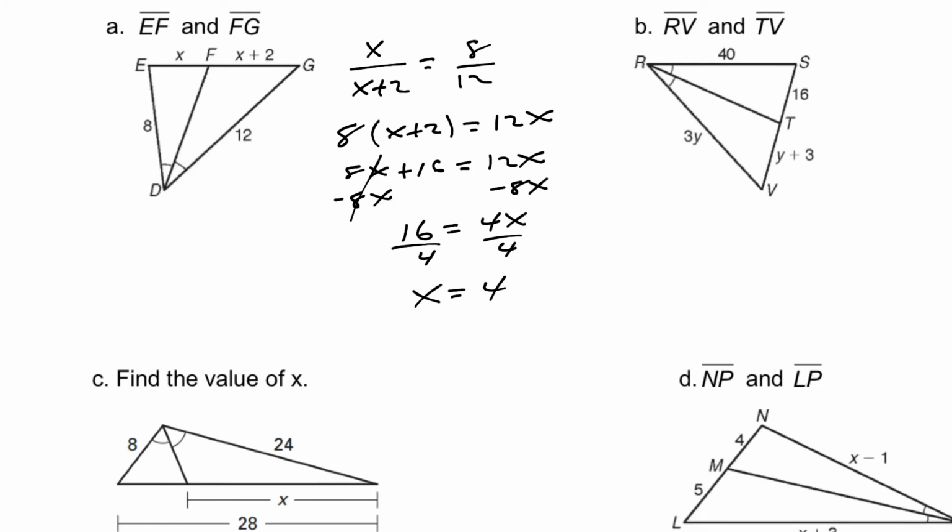But we're not done on this one, because if you look back at the directions, it does not say to find x. We have to find the length of segment EF and the length of segment FG. So if you look at our diagram here, we can see that x is the same as the length of segment EF.